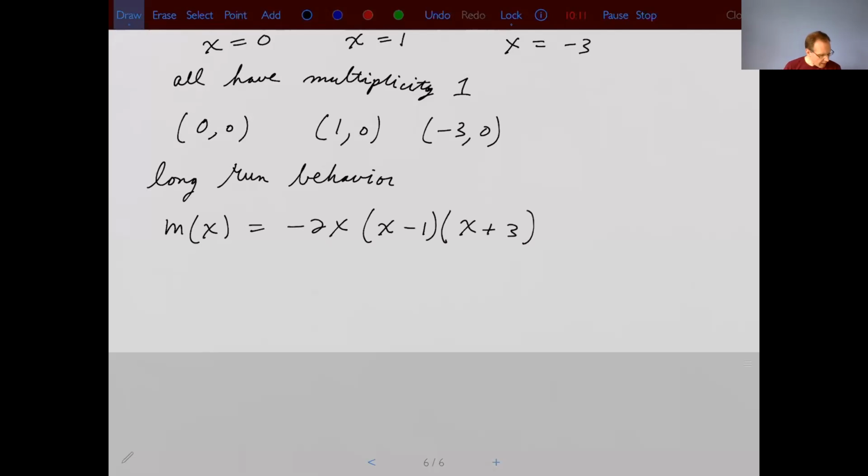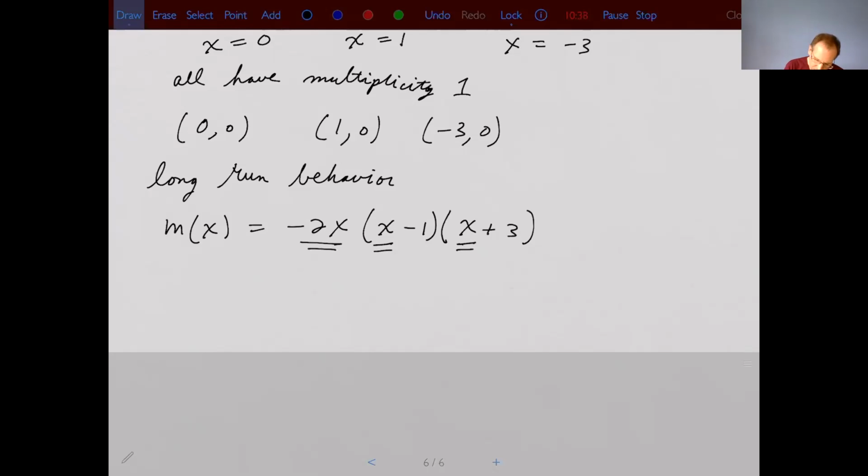Remember, the long run behavior only depends on the leading term. And last time we expanded the entire polynomial out, but really you only have to multiply the leading term for each piece of the polynomial, and that will be the leading term for the polynomial itself. So in other words, if I look at each of these factors, the x here is the largest term in that factor, and then outside I have negative 2x.